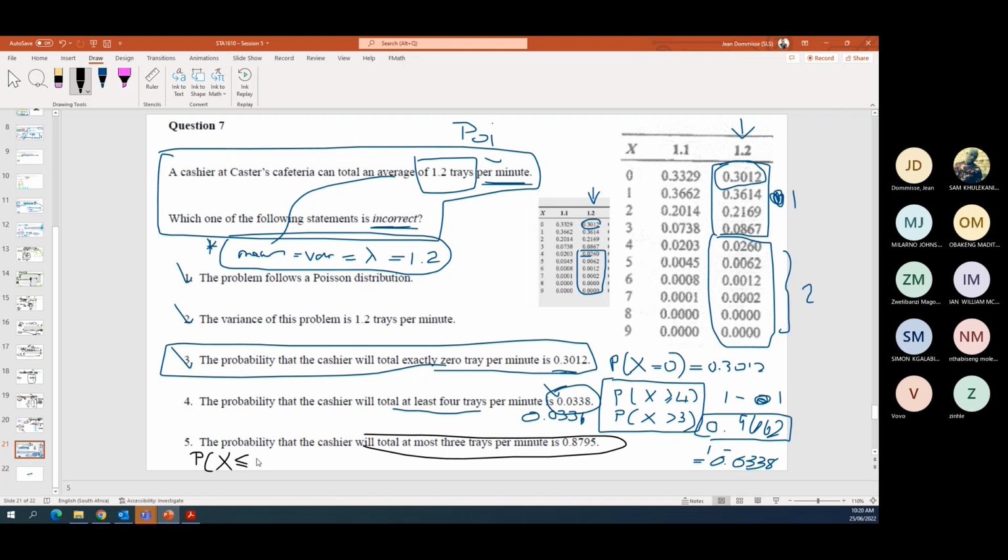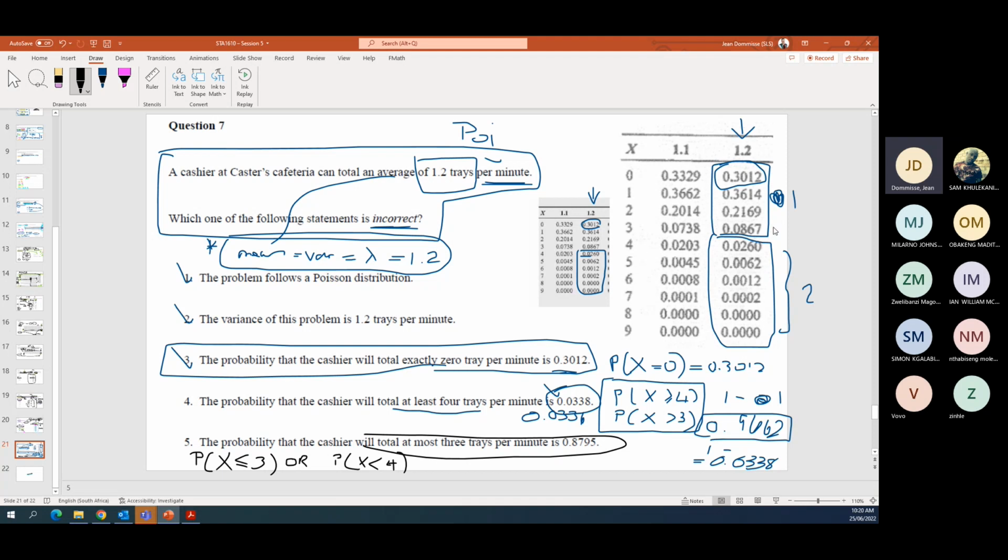So smaller or equal to 3, or you can say probability that x is smaller than 4. Okay, so probability x smaller than 4, and that is actually what we have worked out in this instance.